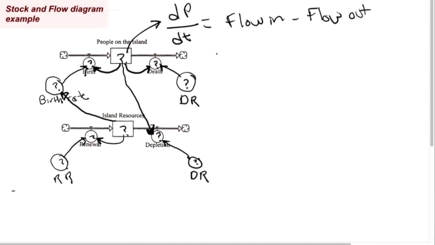So in this case, we can have an equation, for instance, for the birth, and this equation will be equal to the birth rate with a relationship that can be a multiplication with the people on the island, right? Because we also have an implication on the people on the island. Same way we will have for the death rate.